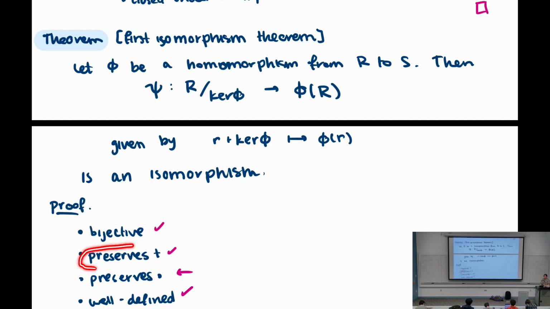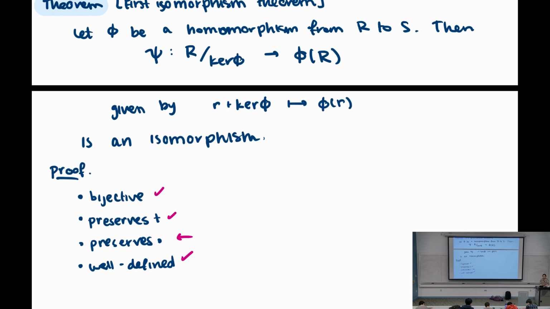And we also saw that this map is a group homomorphism, so it will still preserve the addition operation. Okay, so all we have to show is that it preserves multiplication. Are there questions about that?